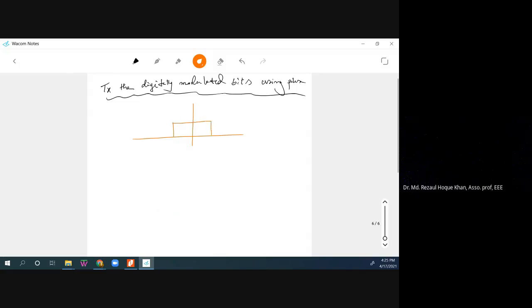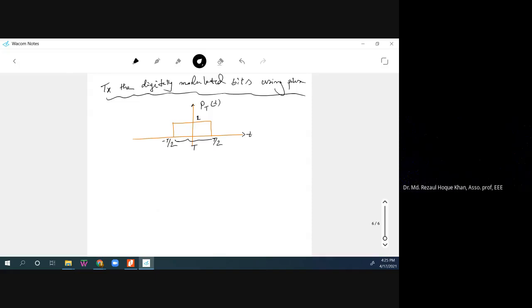This is our one pulse, right? So say this pulse is p(t), which is a time dependent signal. Its amplitude is 1, for example. It has a duration, T duration, meaning from minus T by 2 to T by 2.